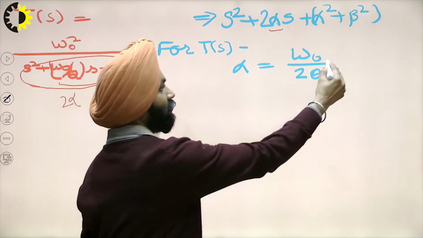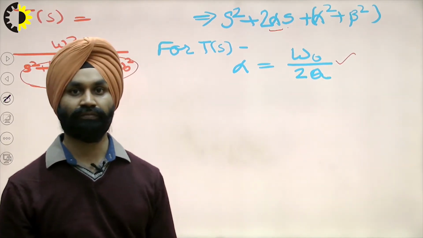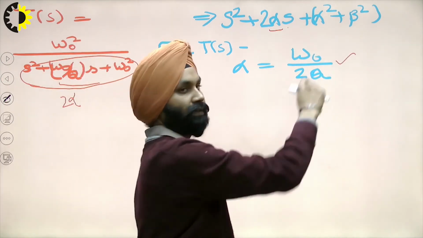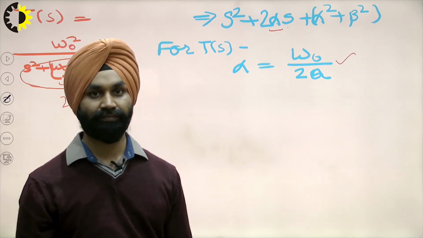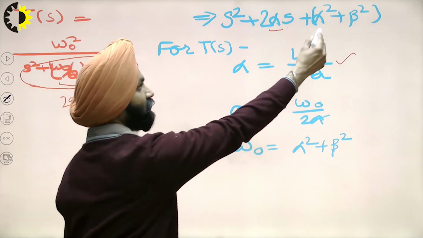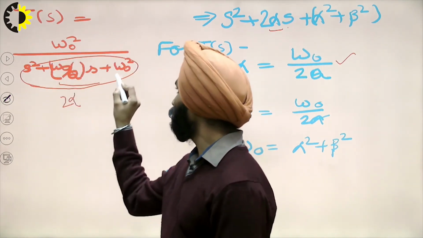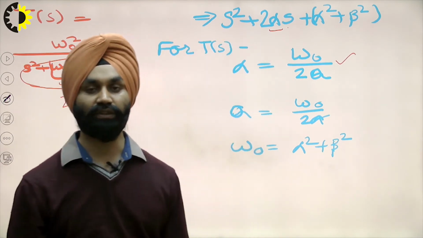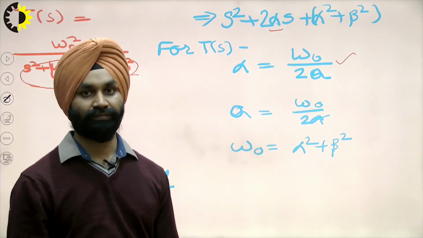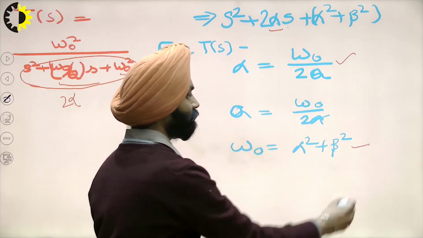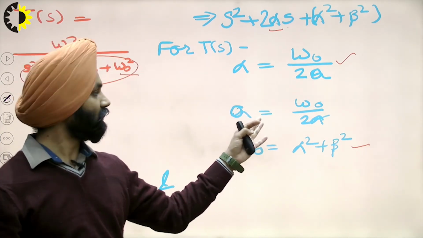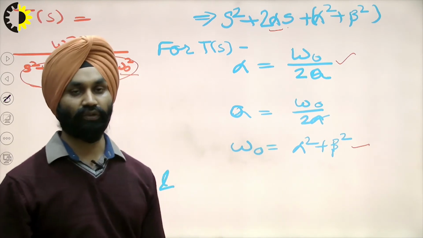So, alpha will be omega naught by 2q. Similarly, alpha square plus beta square will be equal to the coefficient without s, omega naught square. So, this is the second equation. From this equation, we have also derived that the quality factor q is equal to omega naught upon 2 alpha.